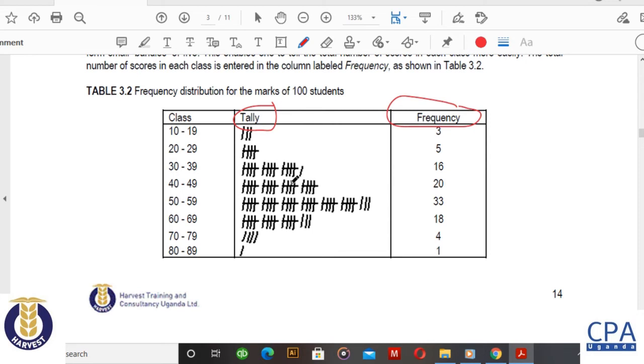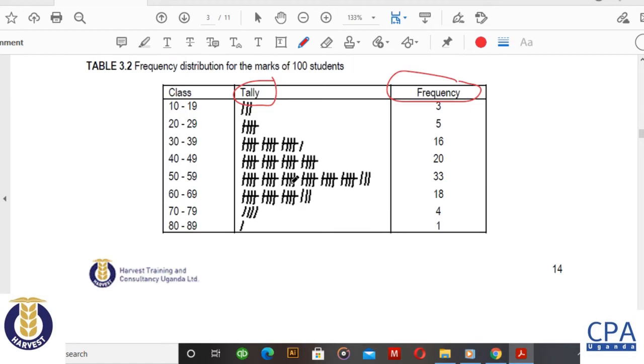And of course, this one you have already done from your previous discussions, from your previous classes. You should have been able to do this, though we bring it back here just for recap purposes.